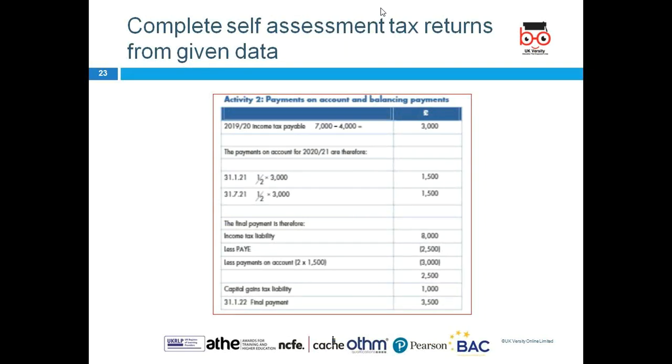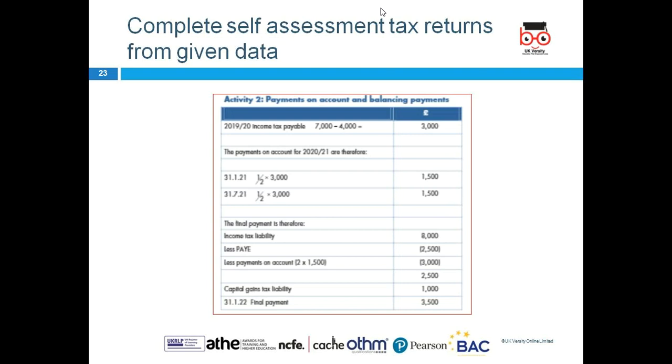If we look at 2019-20, income tax payable 7,000 we paid, and the payment on account for 2021 on 31st January is 1,500.